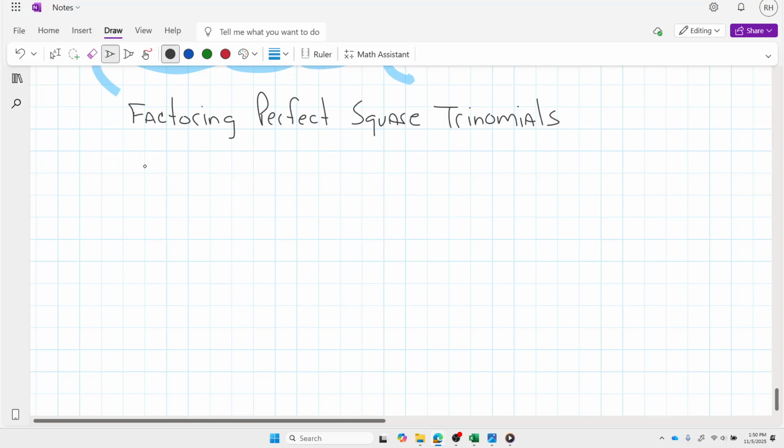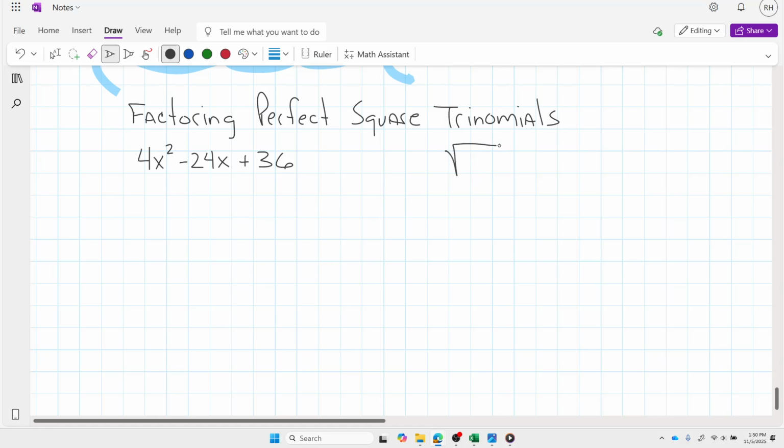If you're asked to factor something like 4x squared minus 24x plus 36, and the trinomial is written in this form, and the first term, the 4x squared, is a perfect square, and the last term is a perfect square, then the shortcut is to find the square root of the first term.